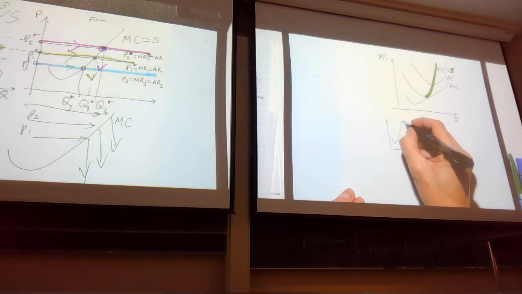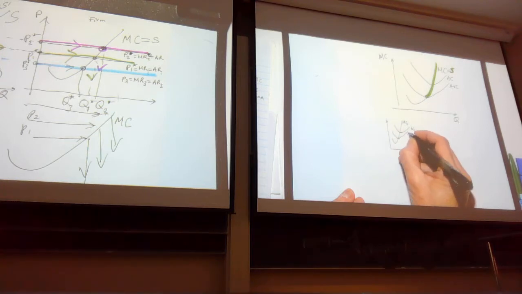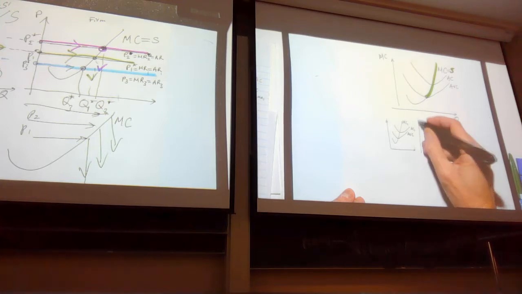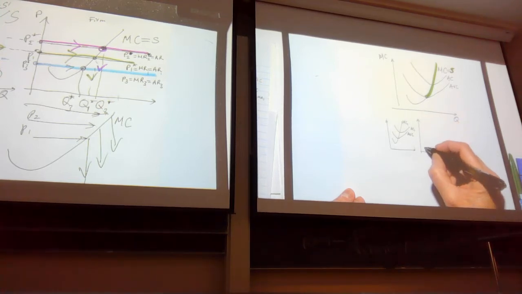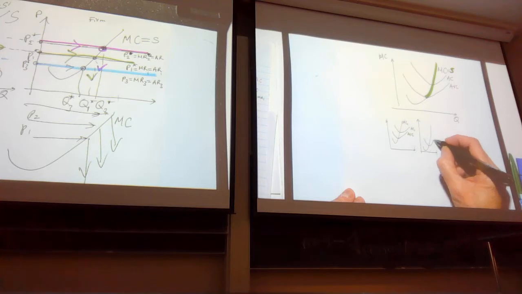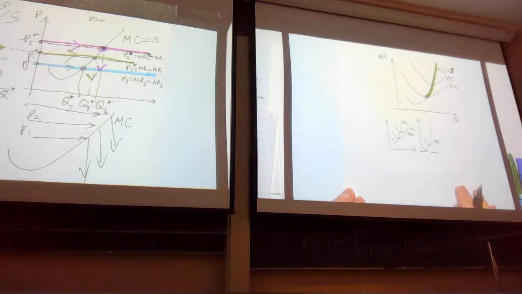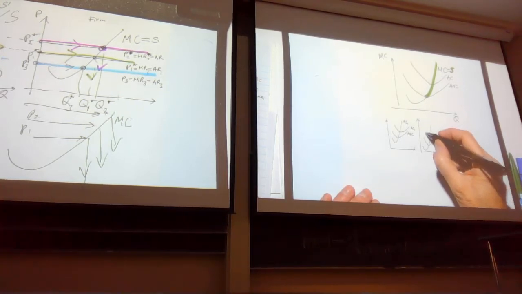Here's firm one. Marginal cost one, average cost one, average variable cost. And here's firm two. And average variable cost. Questions for me? So I'm graphing cost structures for different firms. Obviously they're not the same.